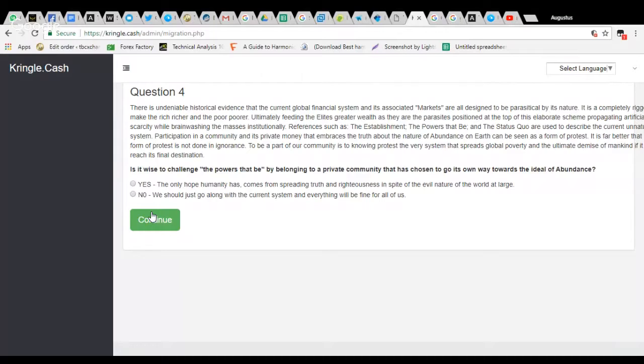So the question is, is it wise to challenge the powers that be by belonging to a private community that has chosen to go its own way towards the ideal of abundance?